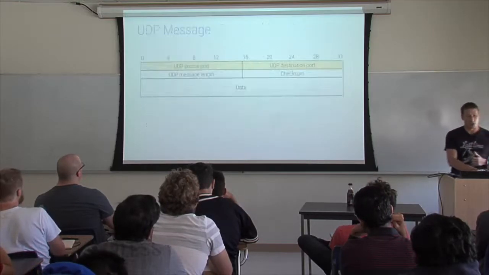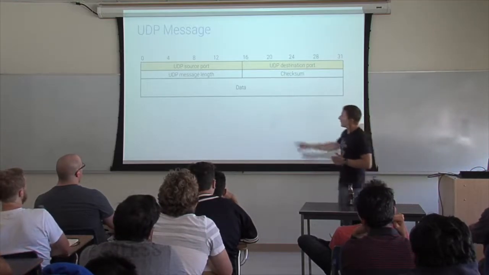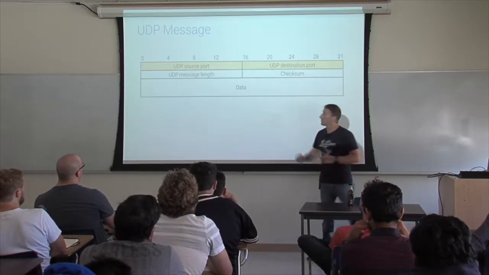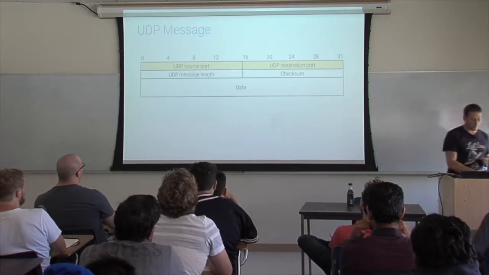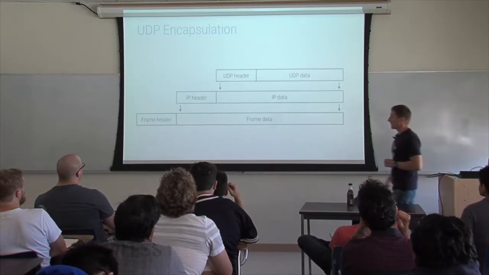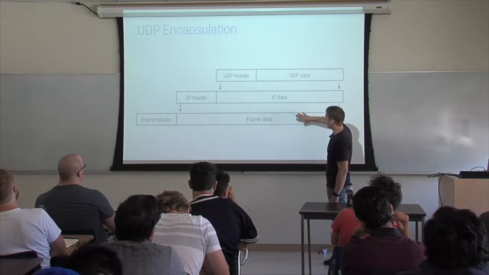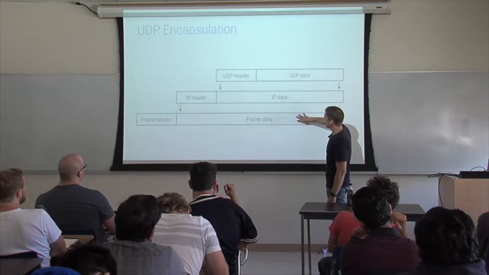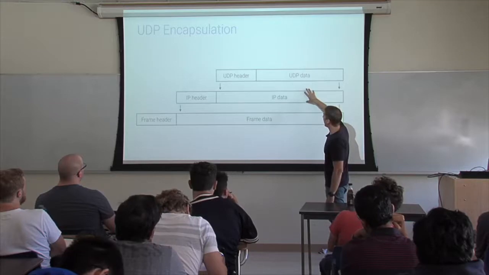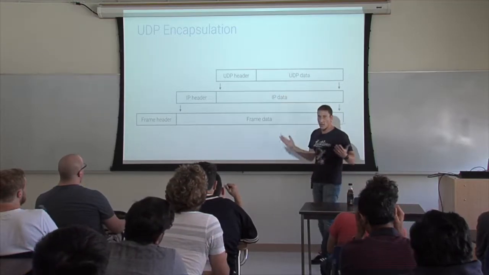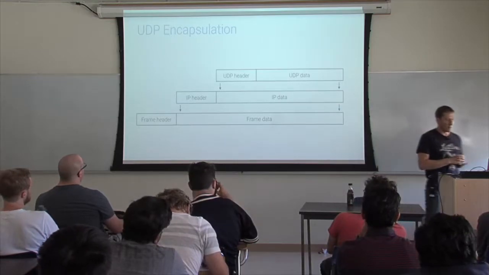The message is very simple, has fundamentally the source and destination port, a length, a checksum, some data, and is encapsulated. Of course, you will have an Ethernet frame, for example, or whatever is the link level protocol you're using. Inside you have an IP packet, and the UDP packet is the IP data. That's how you encapsulate protocols.